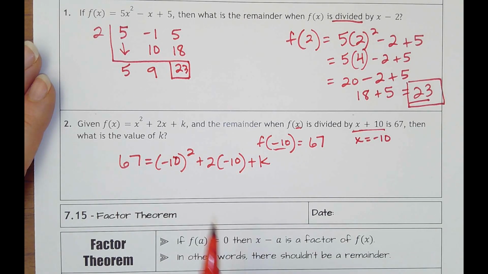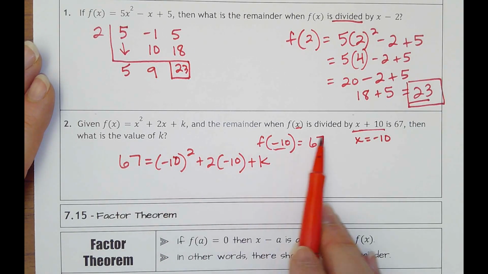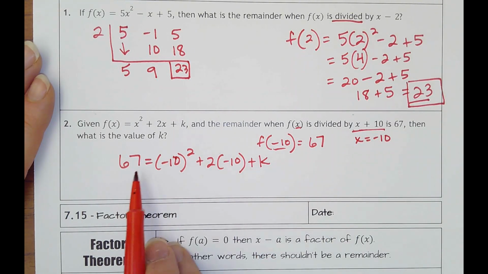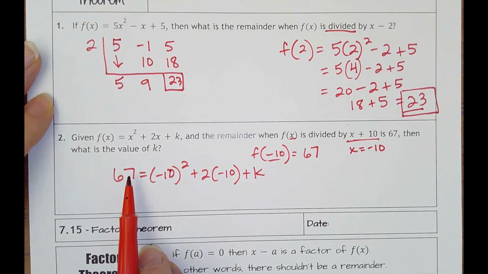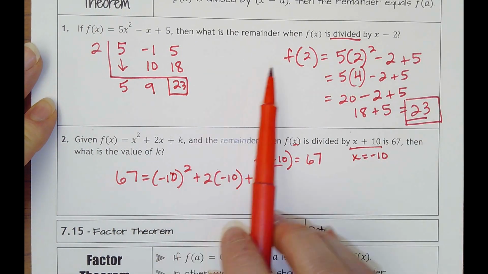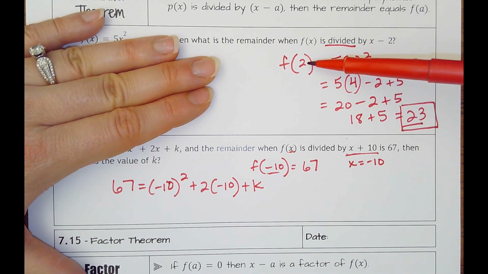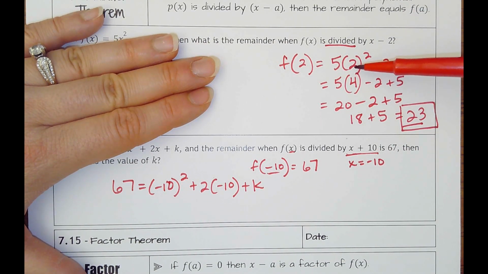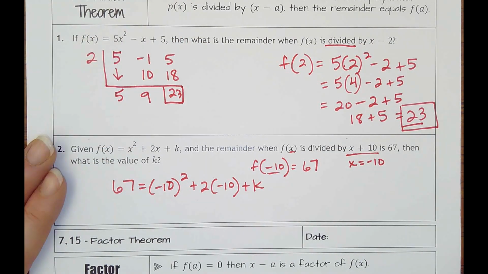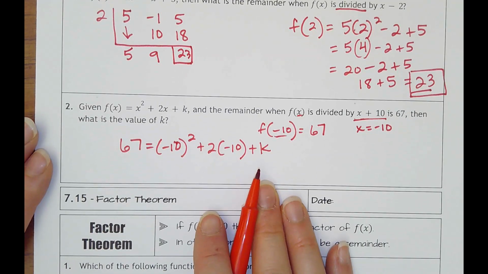Okay, so this tells me that when I plug in the answer to this, I get a remainder of 67. Just like I did up here, I am not even going to do this on this lesson. I'm just simply going to plug this in for x. Okay, so that's what I did. I plugged in -10 for x. I set it equal to the remainder I'm supposed to get so that I can solve for this missing variable.